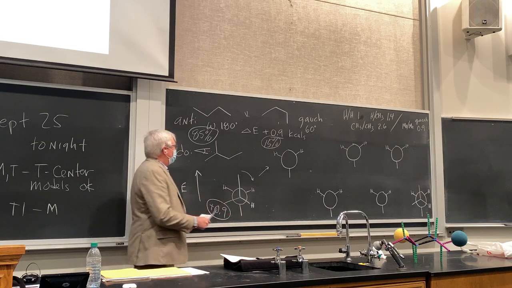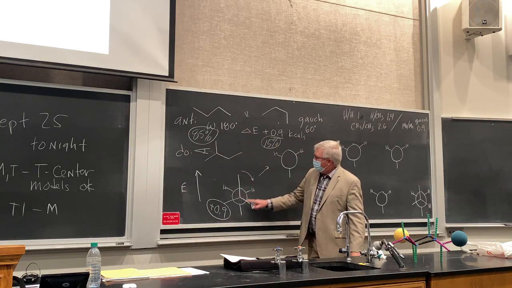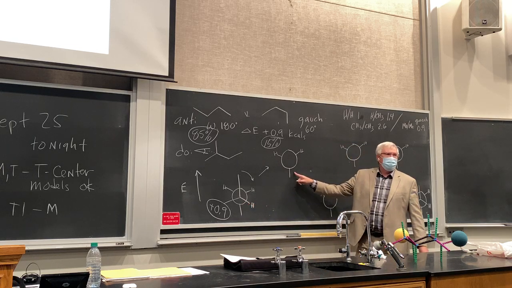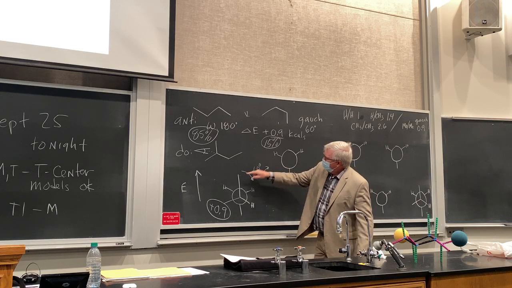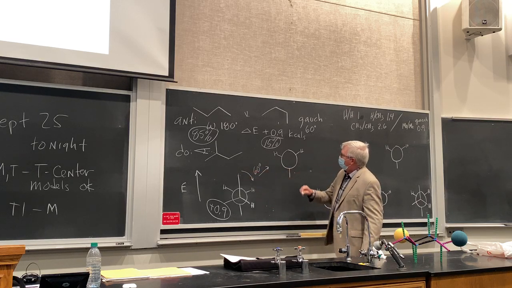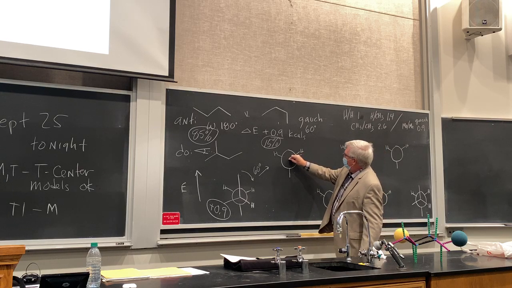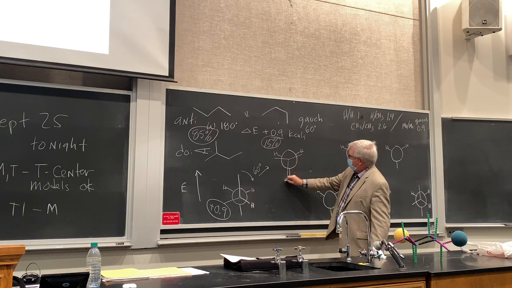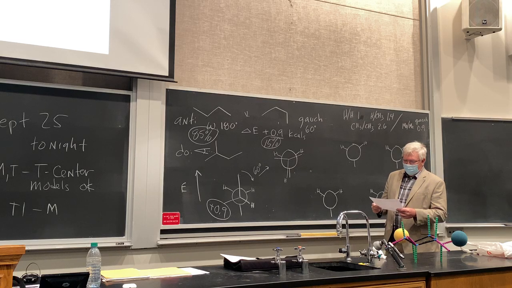All right, let's get to the next one. What we're going to do is keep the groups on the back carbon static. We're going to keep those the same, and we're going to rotate the front groups 60 degrees. If we do that rotation, we'll have methyl here, methyl here, and this hydrogen here. Now, what about the total energy here?